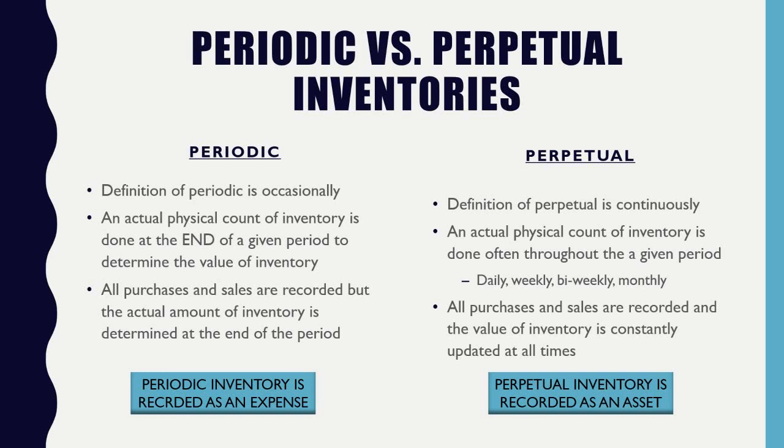And here is the key factor. Usually with periodic inventory, since you're not keeping a good track record of it, at the end of the accounting period, whether it's at the end of the month, it doesn't have to be exactly an accounting period, it could be something that you do cyclically. So if you're only keeping track of your inventory and checking it up, usually there's a physical count at the end of the given accounting period.